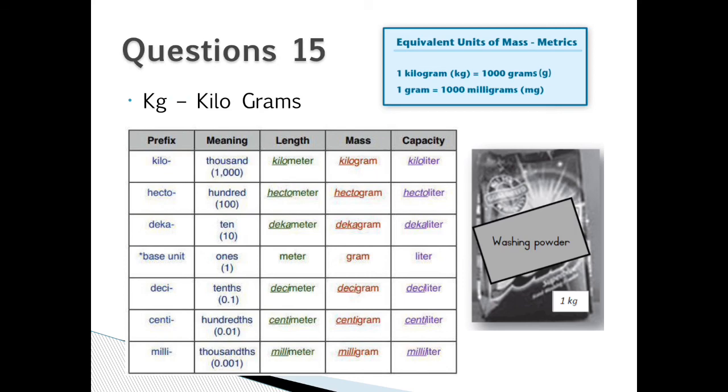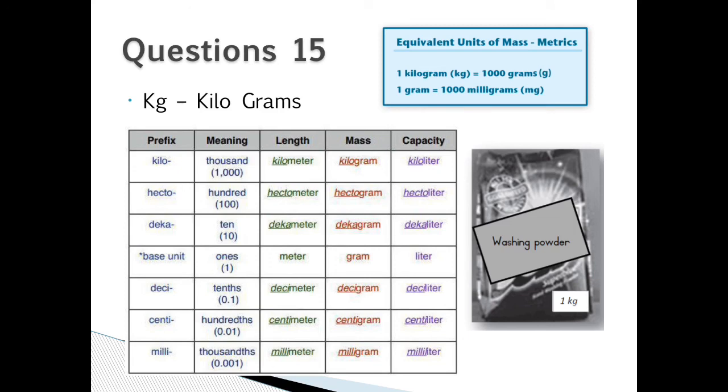Deci prefix means tenths, or 0.1. Your length will be a decimeter, your mass will be a decigram, and your capacity will be a deciliter. Centi, the prefix means hundredths, which means 0.01. Your length will be a centimeter, your mass will be a centigram, and your capacity will be a centiliter.